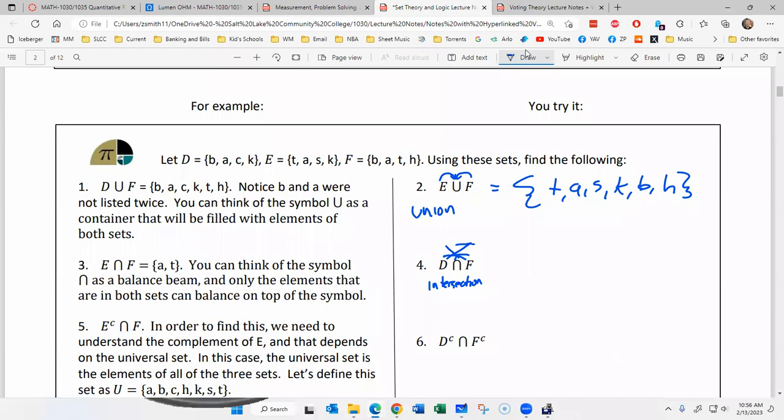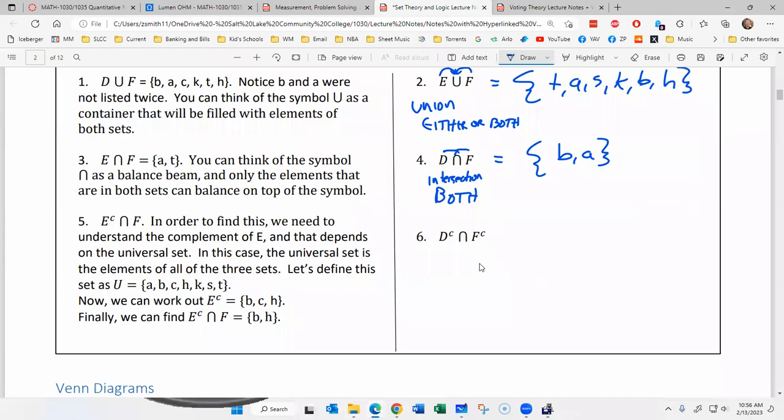So it needs to be both in D and F. So we look in D and F, and we see B and A are in both D and F. So this is both. This is either or. Either one or the other or both.